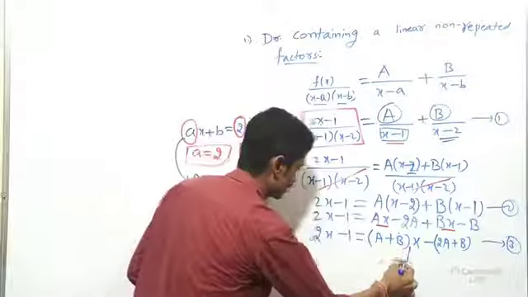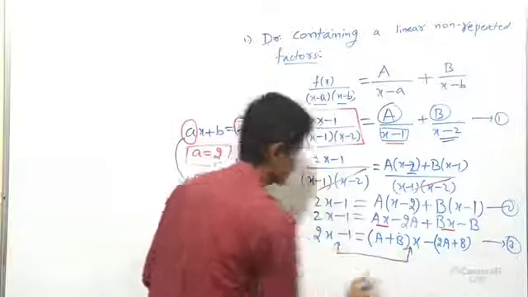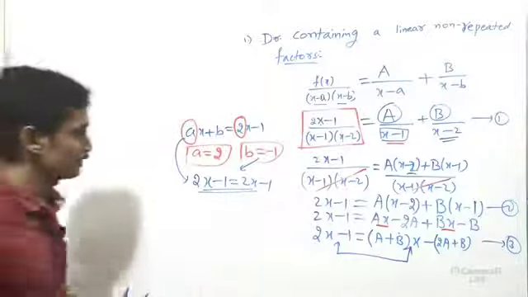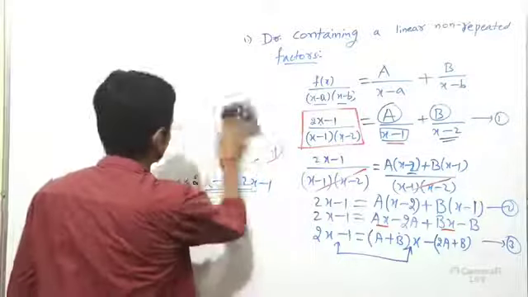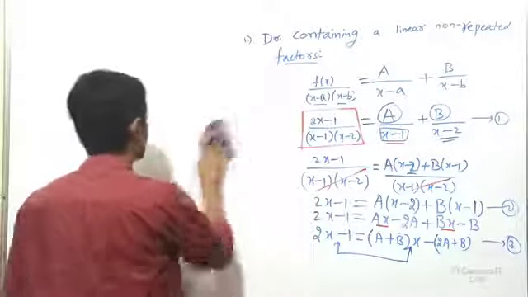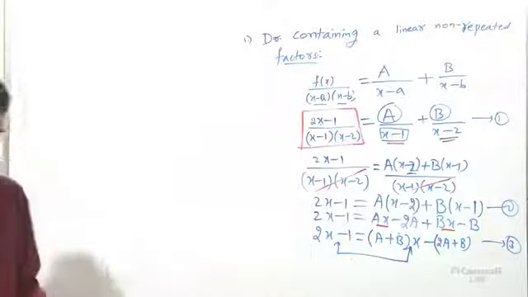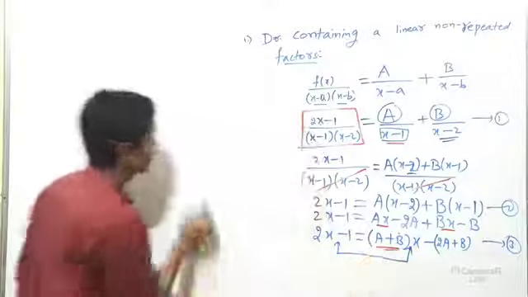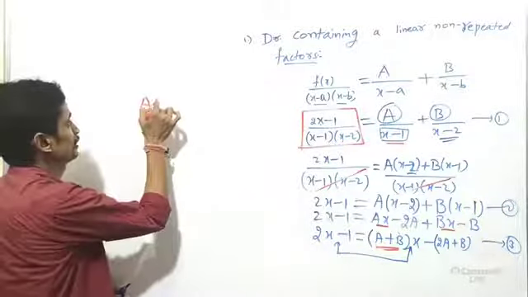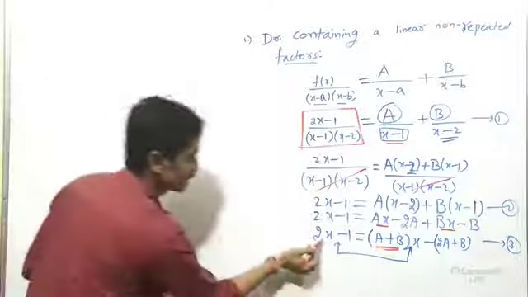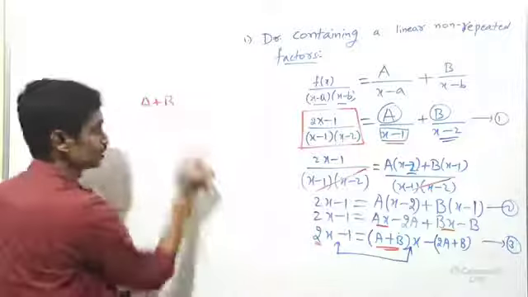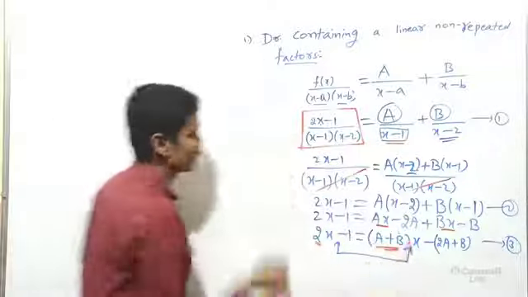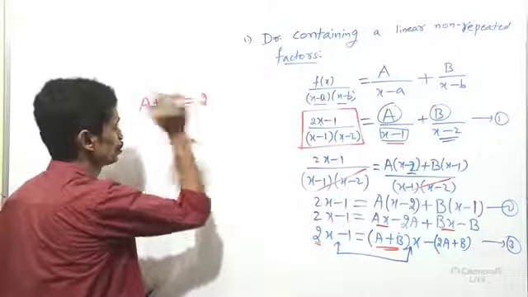These two polynomials must be the same, meaning the coefficients of the variables must be the same. That's why I write: the x coefficient is a plus b, and here the x coefficient is 2. Complete: a plus b should be equal to 2.